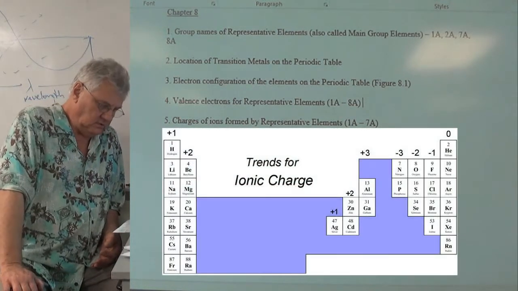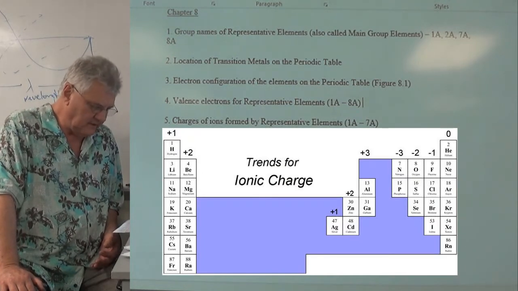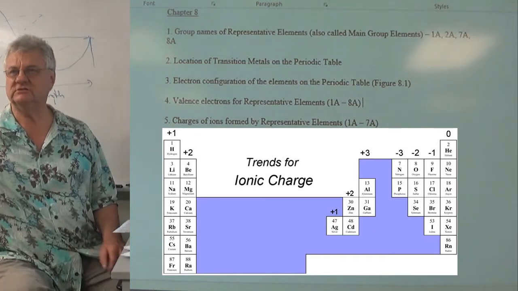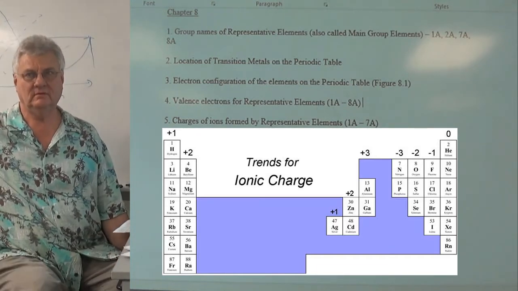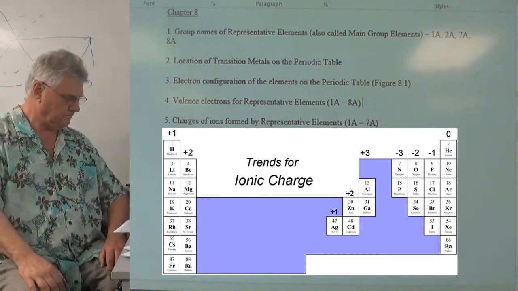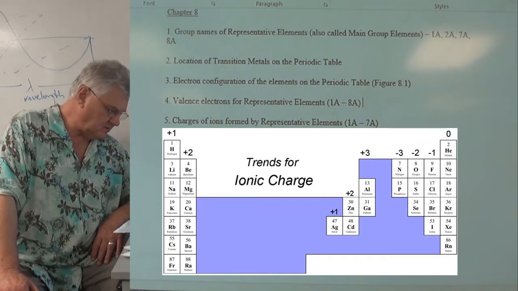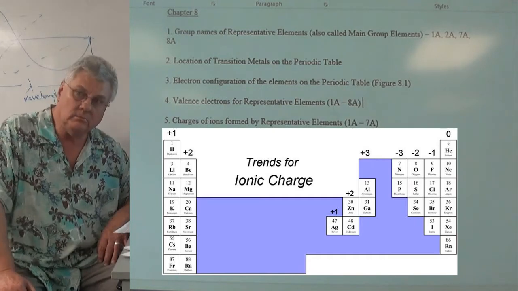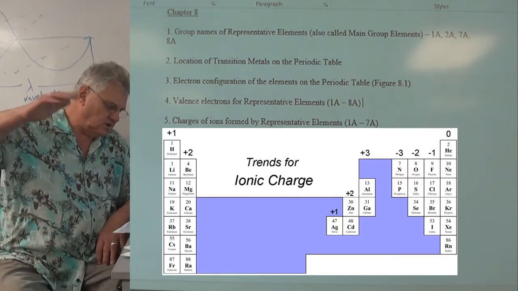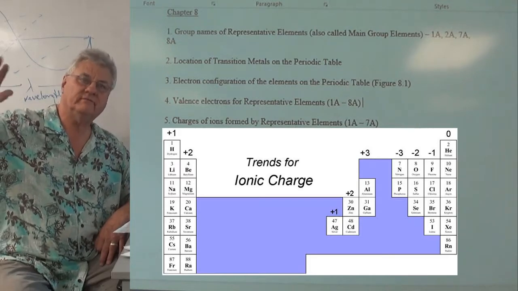What is the charge that we predict for the alkali metals in group 1A? Plus one. They're going to lose that valence electron, and then the next shell is filled. If sodium loses one electron, it's going to have the same electron configuration as a neon atom. So sodium, potassium, cesium lose one electron, and they have a plus one charge.